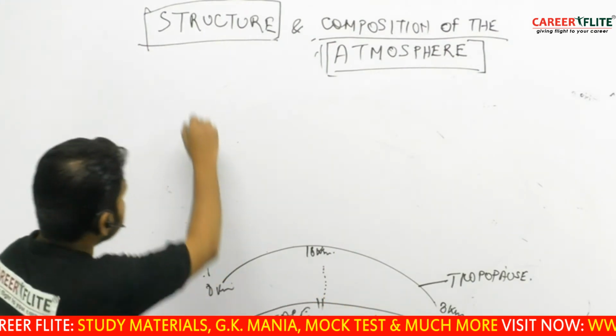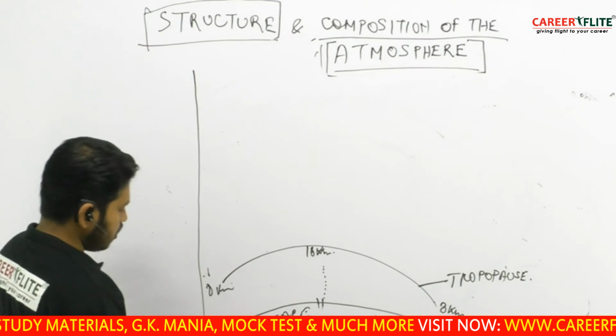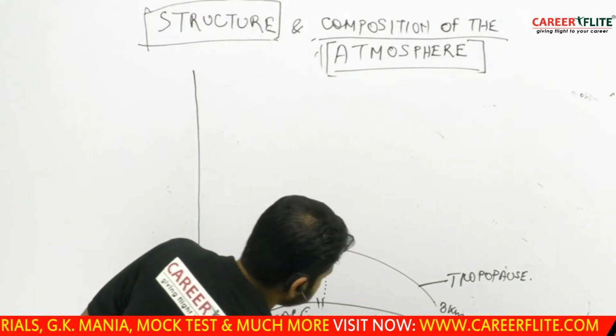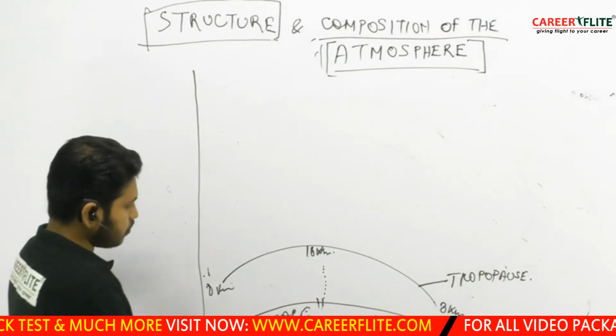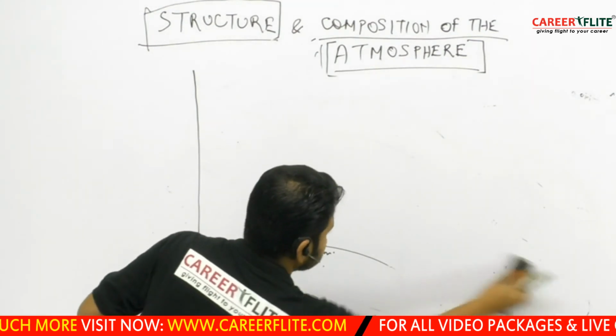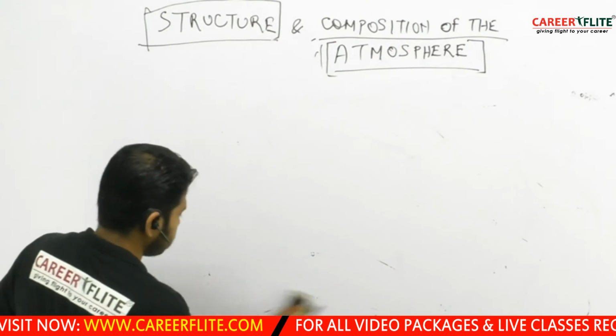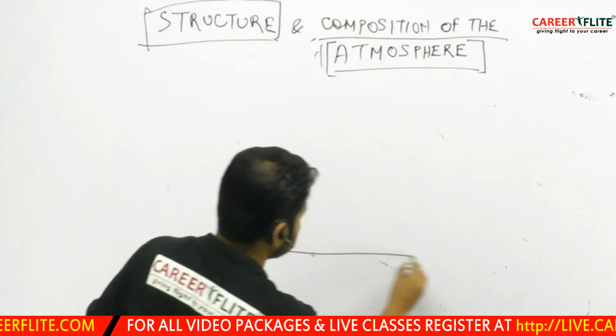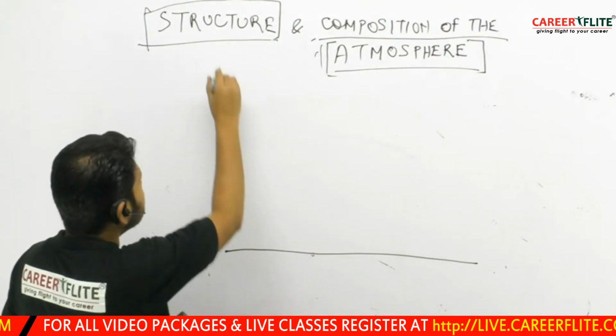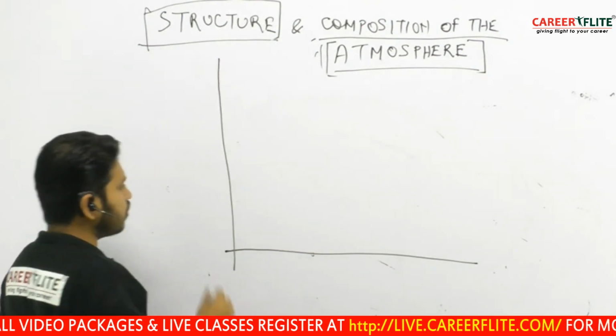Now, if you try to make a graph and categorize the different layers, we'll redraw it. Suppose this is the surface of the earth, and this is the graph.